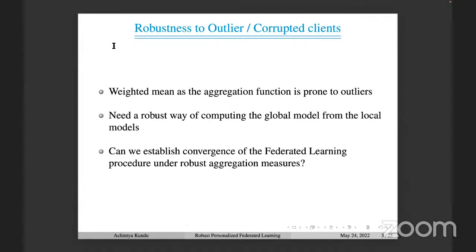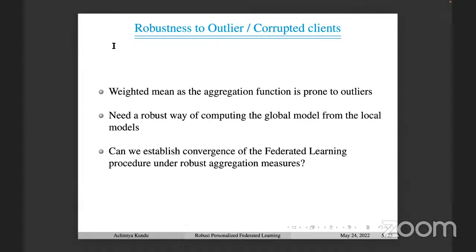For example, in the mobile phone space, certain users' data might be very different from other users. If we just take an average, it may not be very meaningful because certain users' data might be heavily biased. So how do we compute this aggregation in a robust way from the local models?